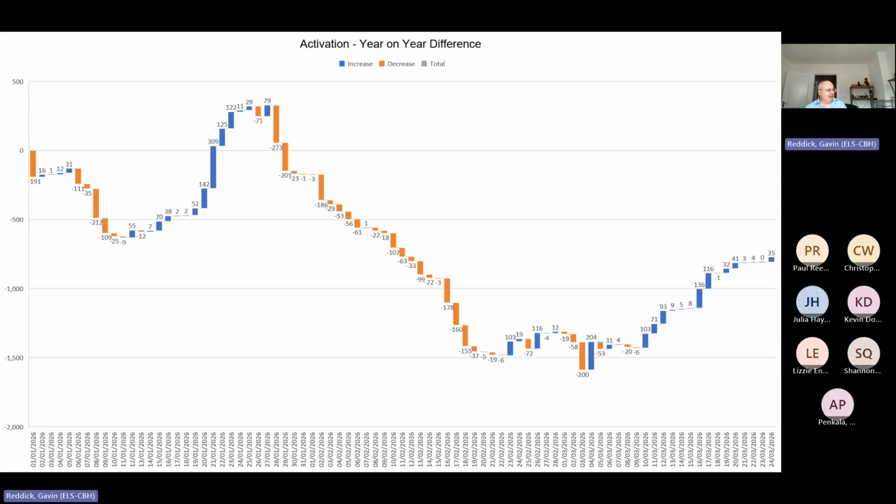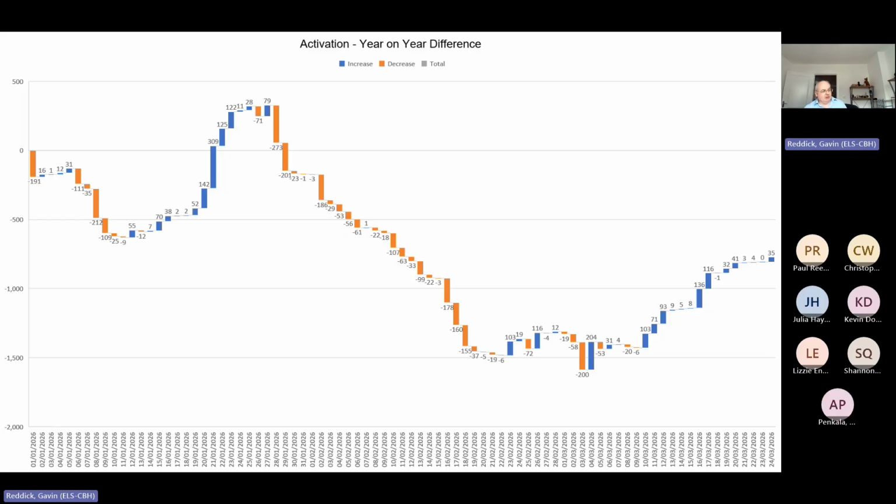So you can see that at the end of January, which is about here, we were a little bit below last year overall. We'd started off low, picked up relative to the year before, and then actually ended January a little bit lower.